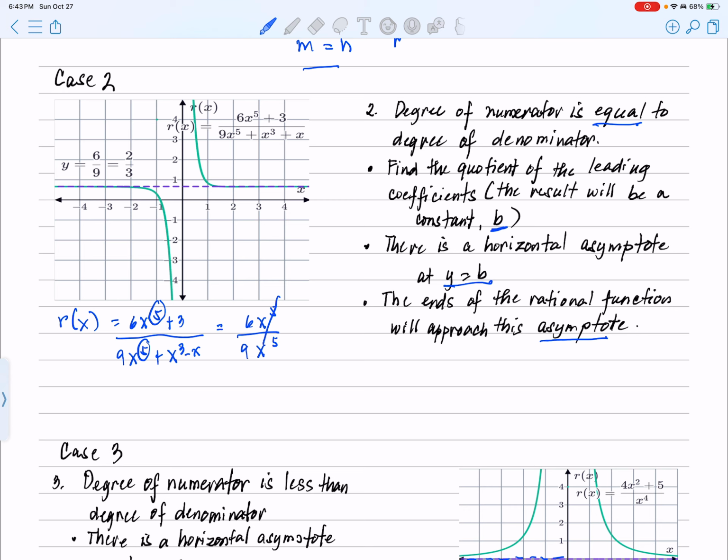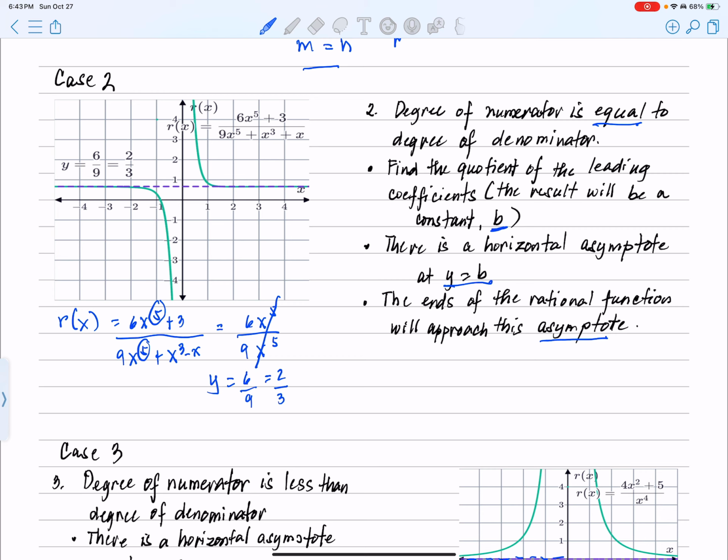When we cancel that out, we get 6 over 9, and that will be our y. We can reduce that by 3: 6 divided by 3 is 2, and 9 divided by 3 is 3.